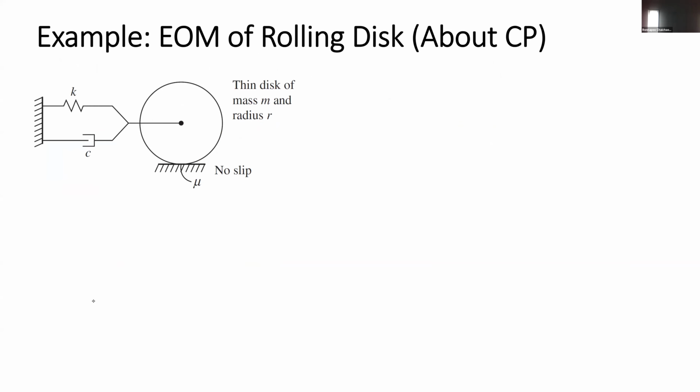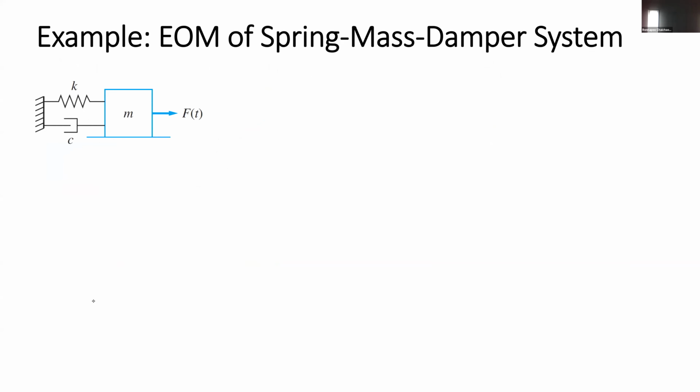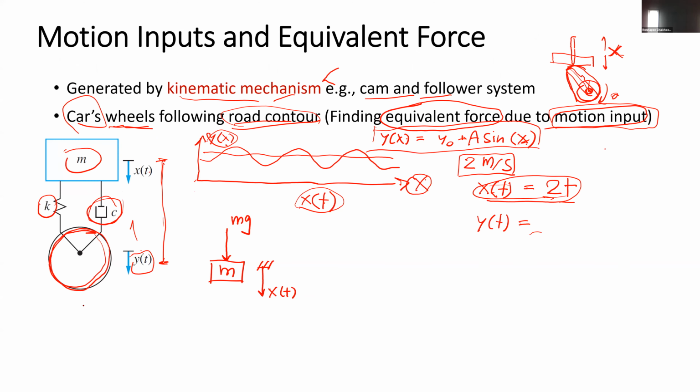We assume that y(t), the motion of the wheel, is always bigger than x(t), and the velocity of y(t) is always bigger than the velocity of x(t).